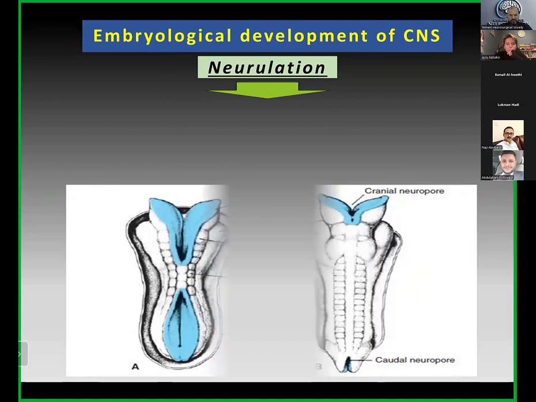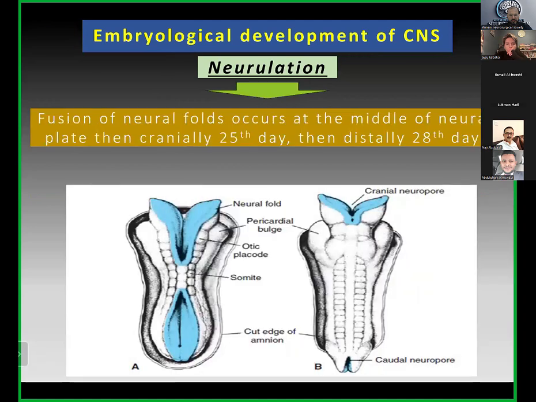So fusion of these neural folds occurs at the middle of the neural plate, then cranially at the 25th day it will close the anterior neuropore, and distally it closes at the 28th day at the distal part, which is called the caudal or the posterior neuropore. So the cranial neuropore is closed earlier than the caudal.